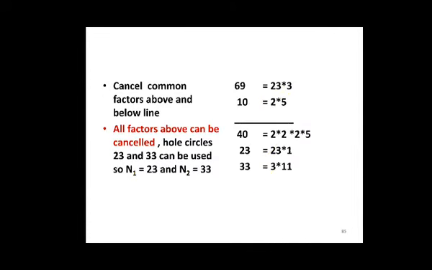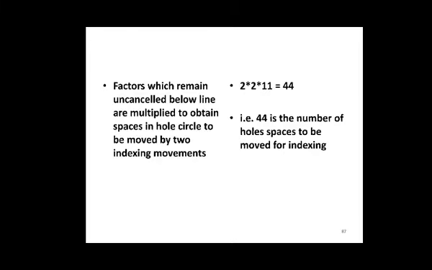So whole circles 23 and 33 can be used. So n1 is equal to 23, n2 is equal to 33. If factors above the line cannot be cancelled completely, then two other circles should be chosen for trial calculations. Factors which remain uncancelled below the line are multiplied to obtain the spaces in whole circle to be moved by the two indexing movements.